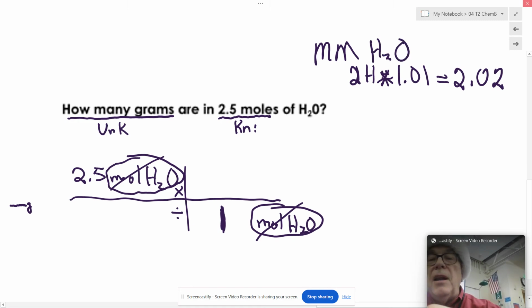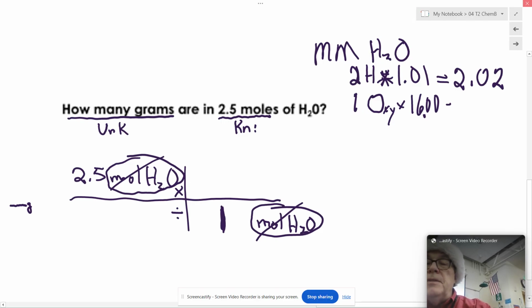I need to find the molar mass of all the atoms in the formula. And that's 1 oxygen. I look up the molar mass of oxygen on the periodic table, and I find it's 16.00, for a total of, oh, sorry.